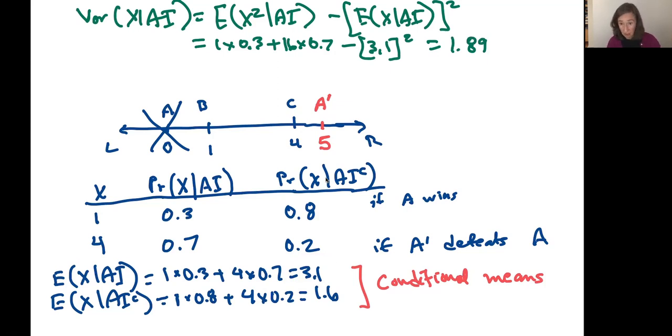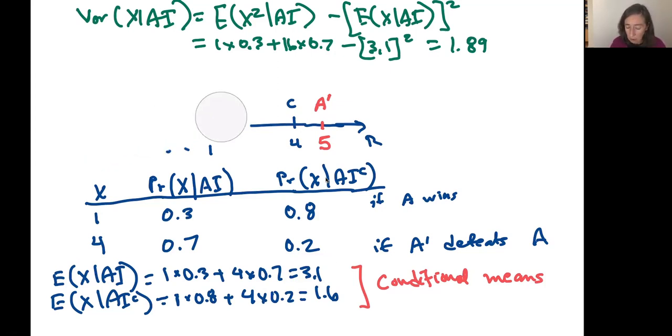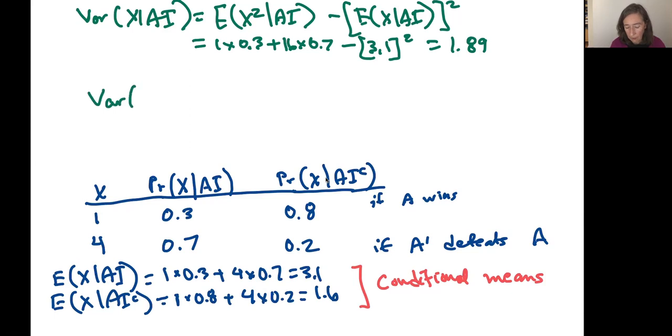And we can do the same thing, conditional on no anti-incumbent sentiment. So let's maybe clean up a little bit more space here. We're done with that. To calculate that other conditional variance. And so same deal.